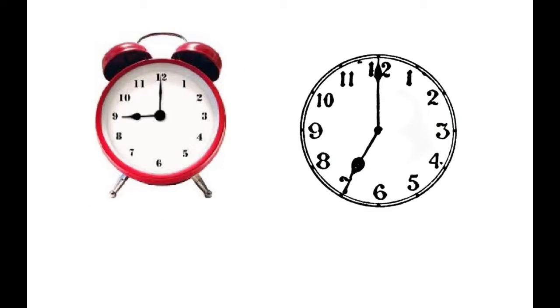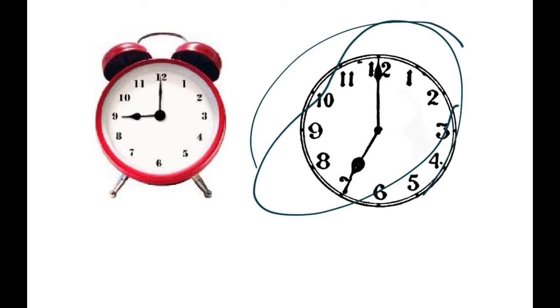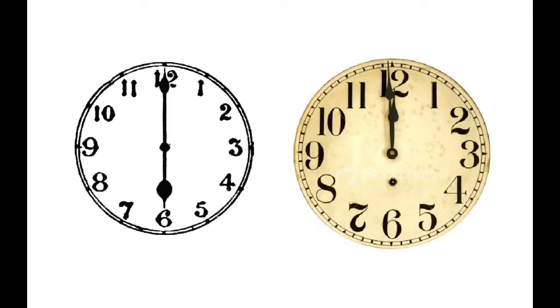Okay, for this part of the game, you're going to tell me which of the analog clocks has a certain time. So, which analog clock says 7 o'clock? Correct. This one. Which clock says 6 o'clock?